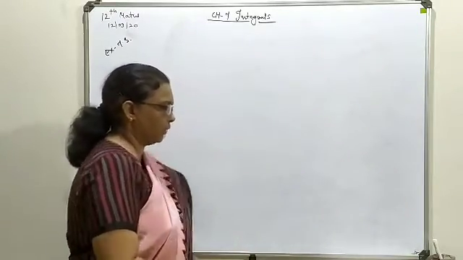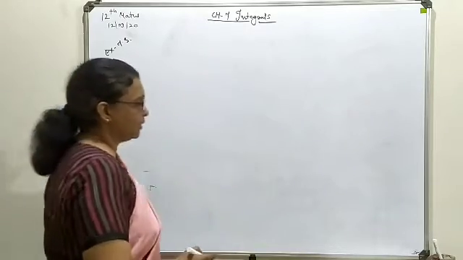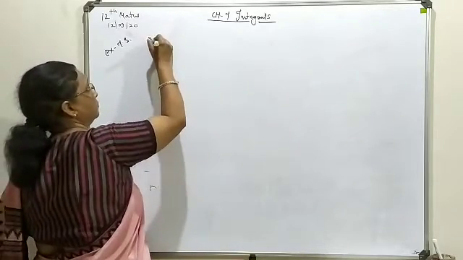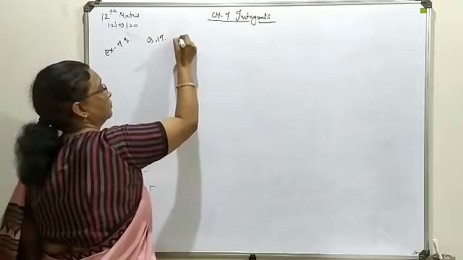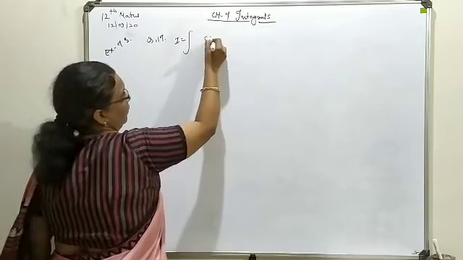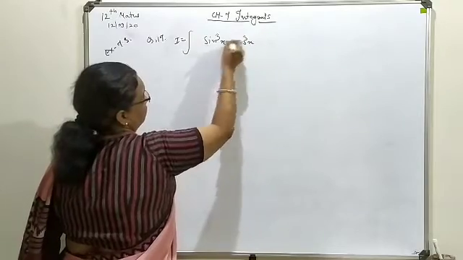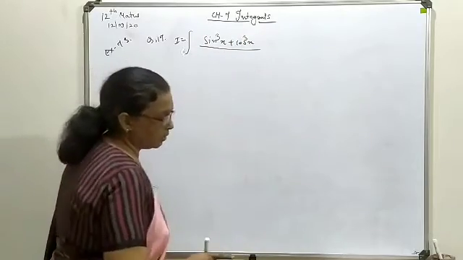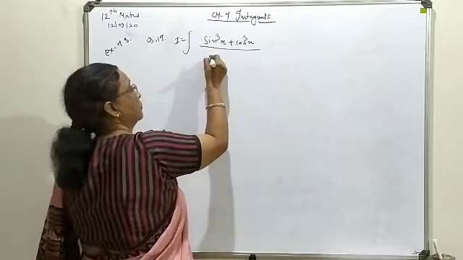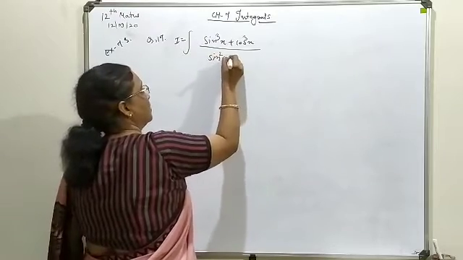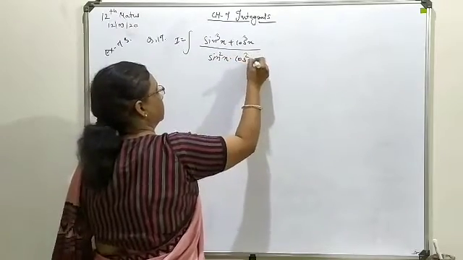Now the next question we are going to attend is question number 17: sin cube plus cos cube upon sin square into cos square.